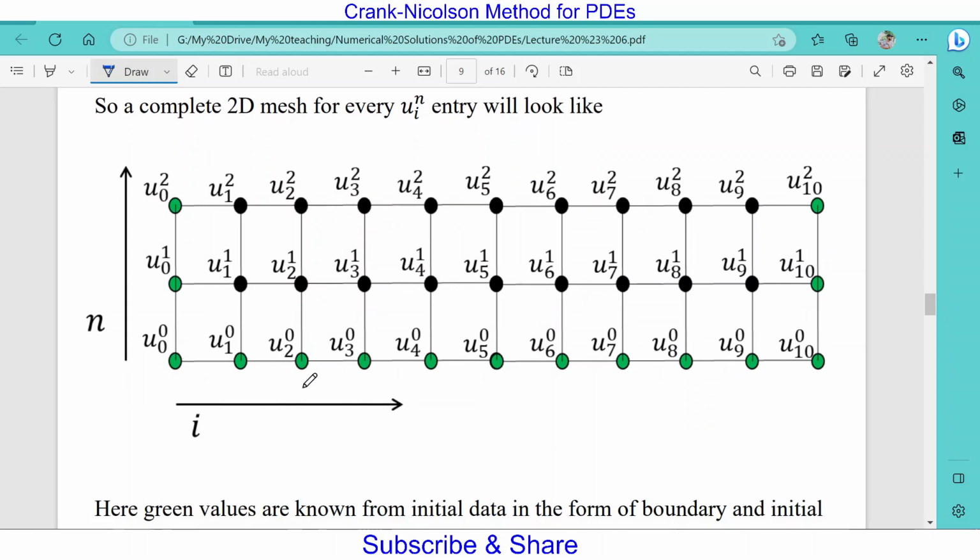These green values at the bottom are known from the initial conditions, and on the left and right side, these are the boundary condition values. And this boundary value overlaps with the initial value.